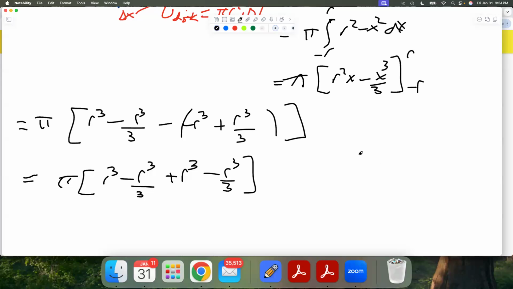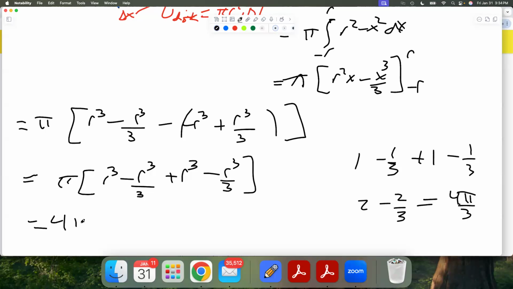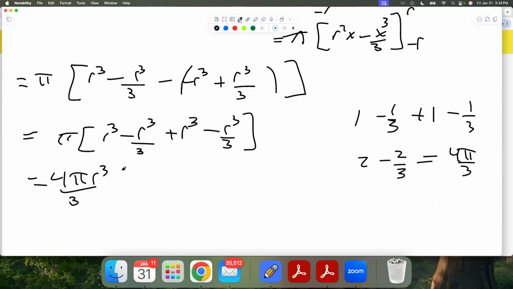So that's 1 minus a third plus another one minus another third. So that's 2 minus 2/3. That's 6/3 minus 2/3. That's 4/3. We got 4/3 pi r cubed. Huh. Of course we did. We knew that's what the answer was going to be.